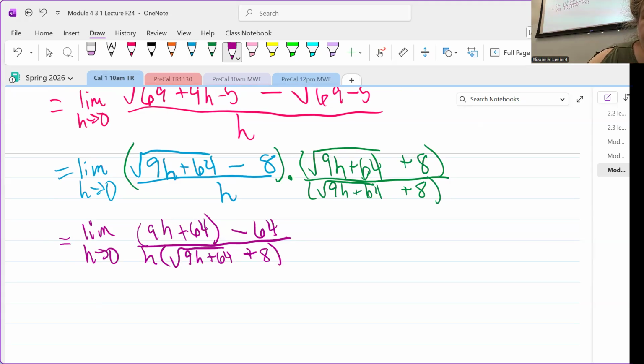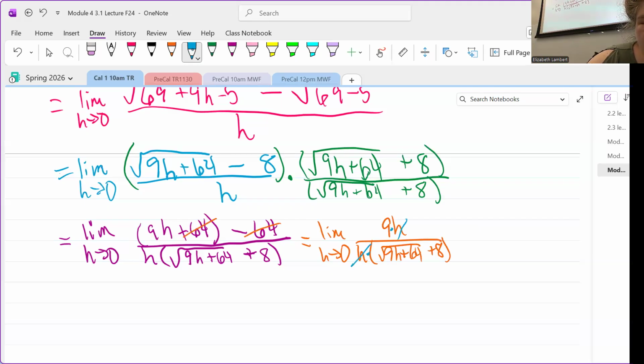Now on top, the 9h plus 64 minus 64, those 64s cancel out. And now this is h times, and on top, that's 9 times h. But 1h on top, 1h on the bottom, those cancel out.